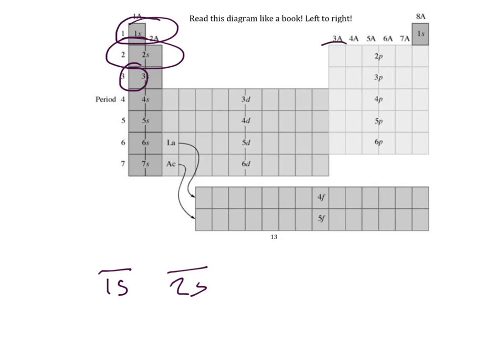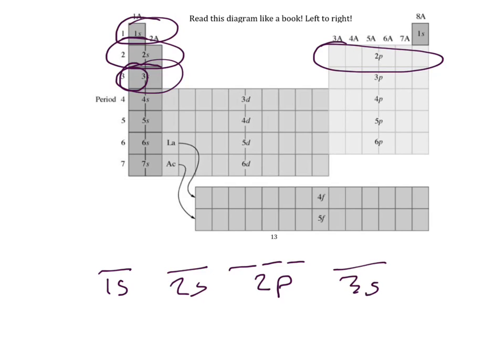We have 2p. We have 3s. And we actually stopped there. The reason why we stopped there is because sodium is in the 3s. And so sodium does have 11 electrons, so we need to show where those 11 electrons are.